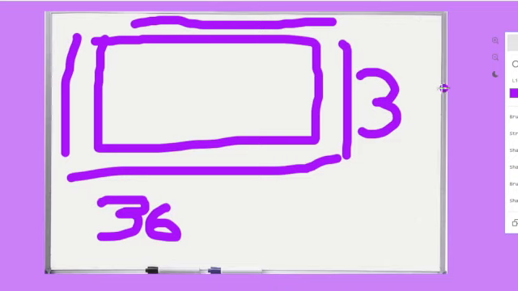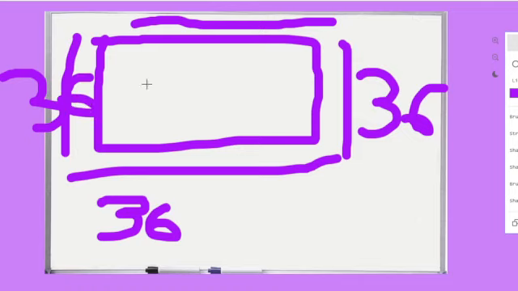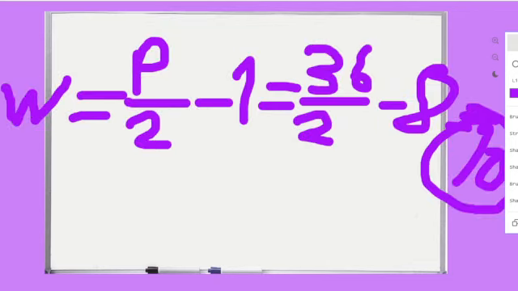So I'm gonna write 36 for all of them. So this is gonna be your answer for the rectangle. So the width is 10, the length is 8, and the perimeter is 36. I hope this answered your question.